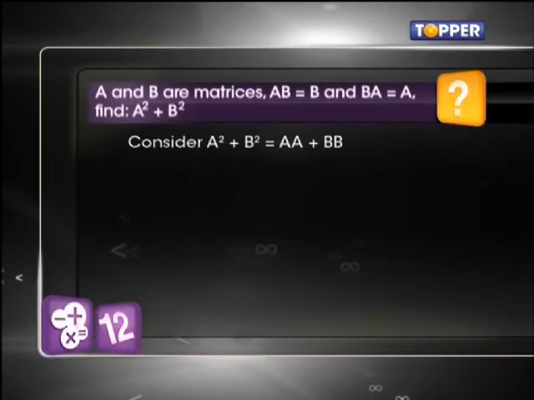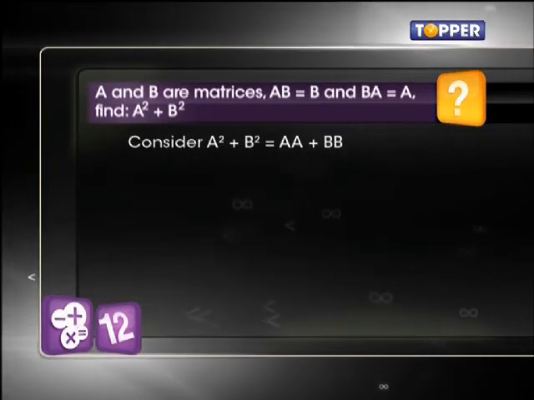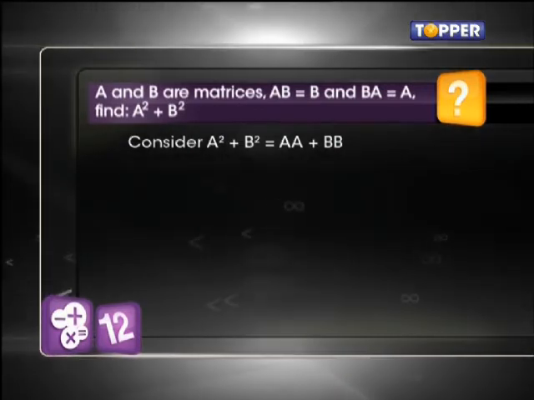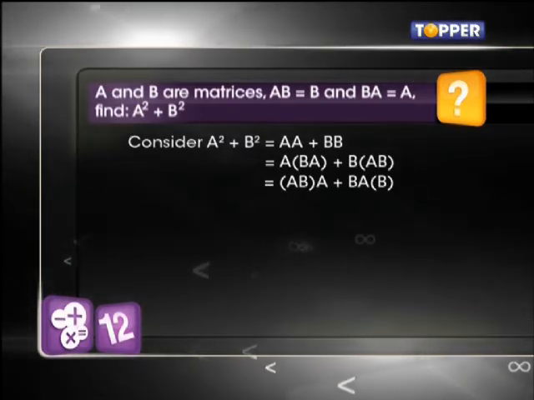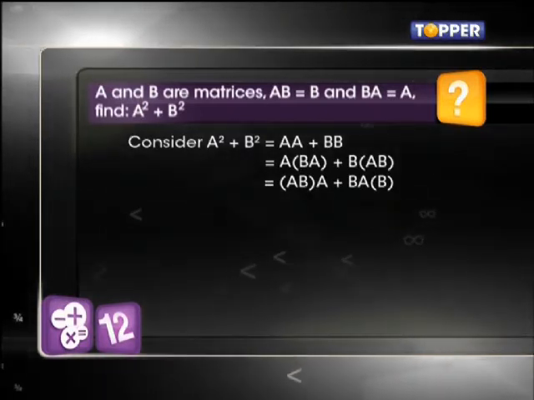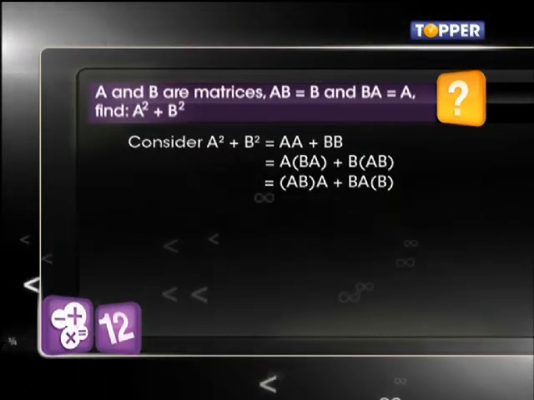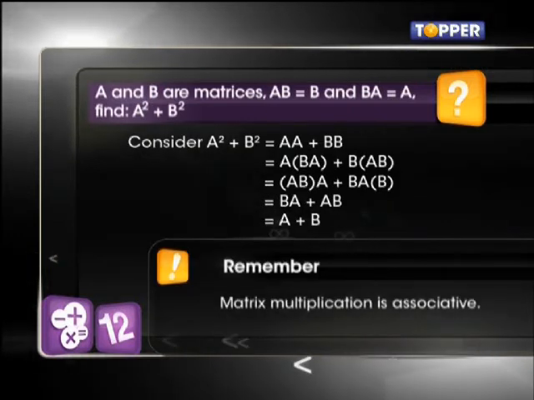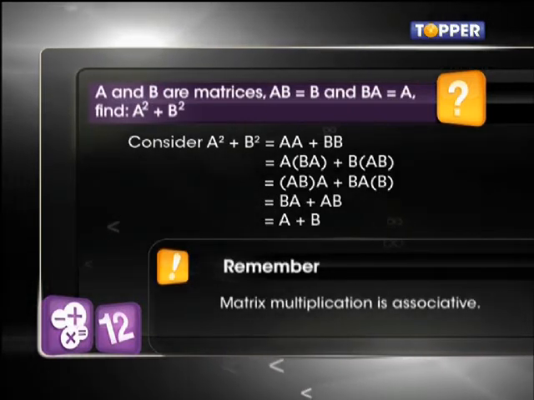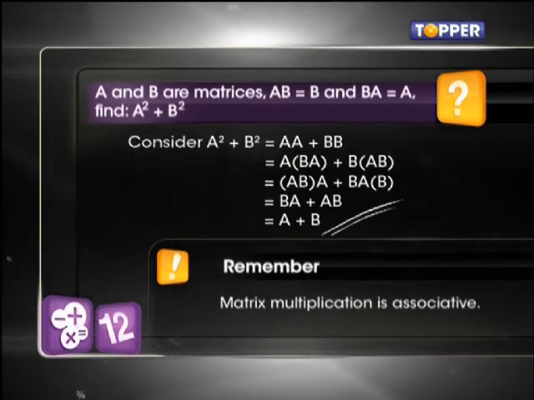In this particular question, first consider A square as AA, B square as BB. Now use the given equations of AB equal to B and BA equal to A in the above equation. Using the associativity of matrix multiplication, we find that the required expression is equal to A plus B.